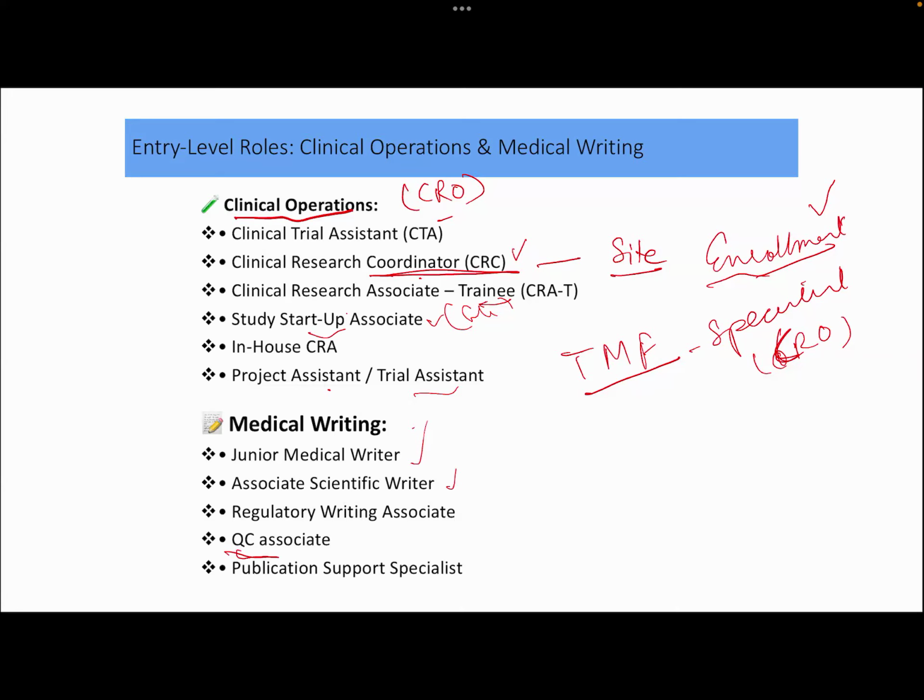Don't say no. Because in writing, you will be working on one document for a long time. When you are a quality control associate, you will be given 5 to 6 documents to review and to perform data verification. So your learning will be much better. Publication writer, or also scientific writer.